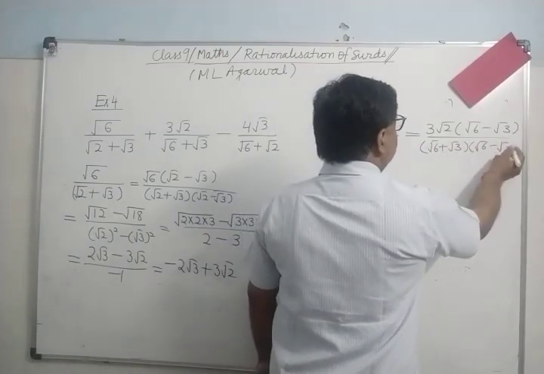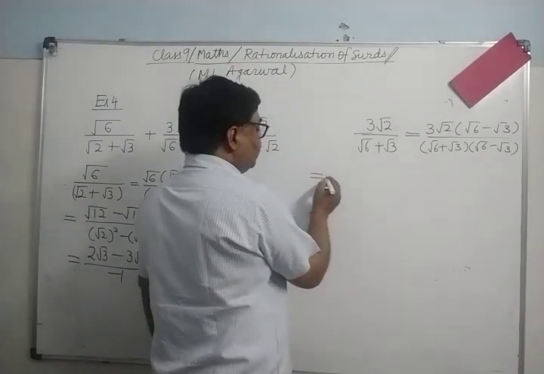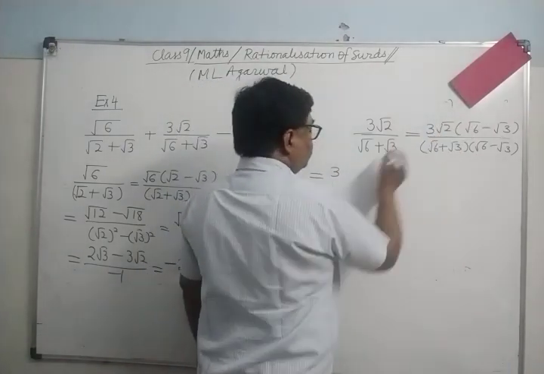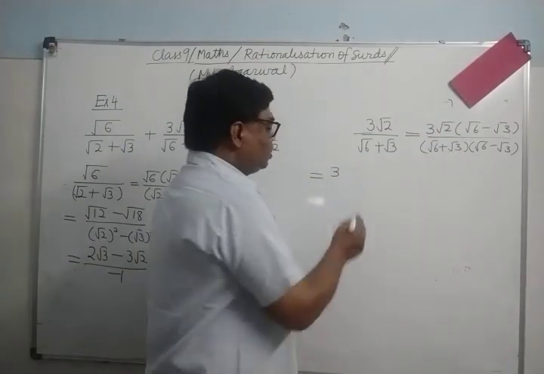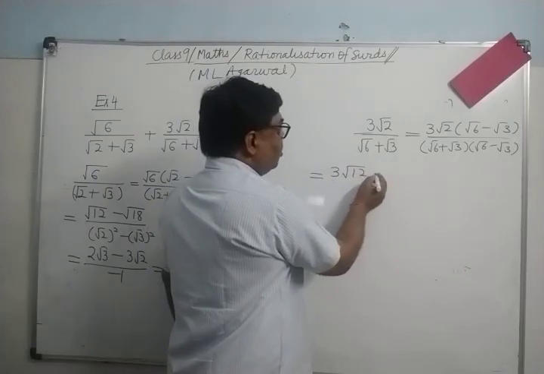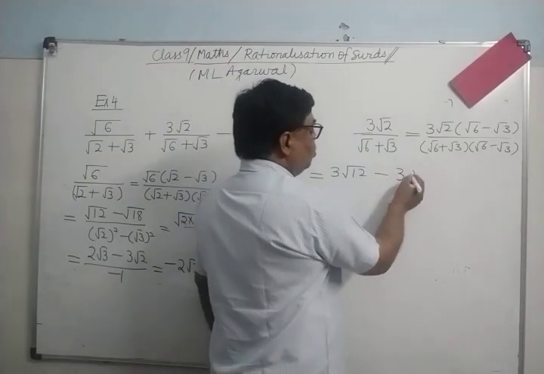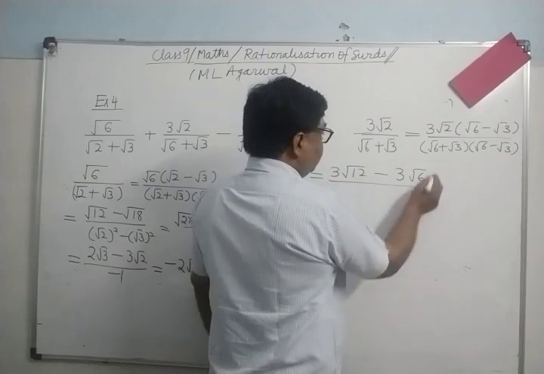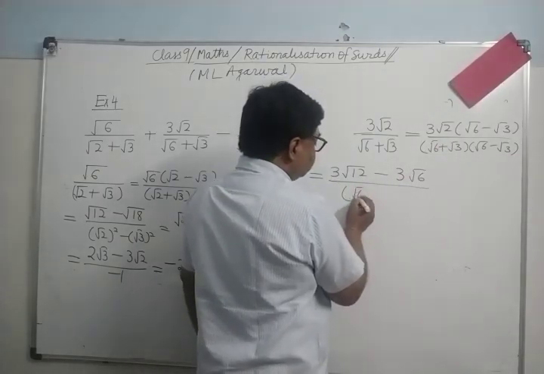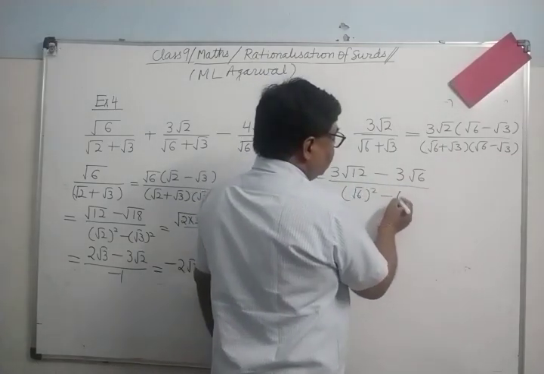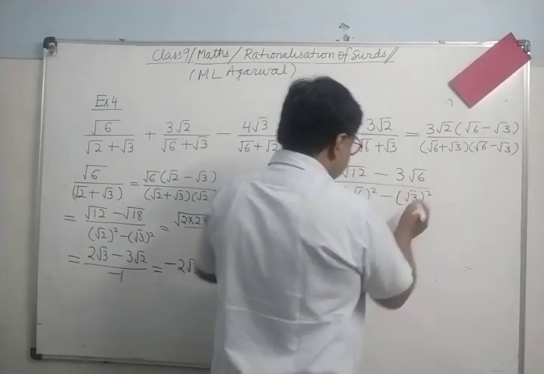When you simplify, it is 3√2 into √6. So √2 into √6, √12 minus 3√6, divided by here √6 whole square minus √3 whole square.